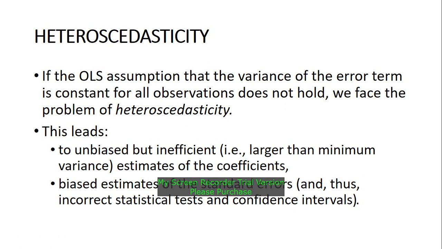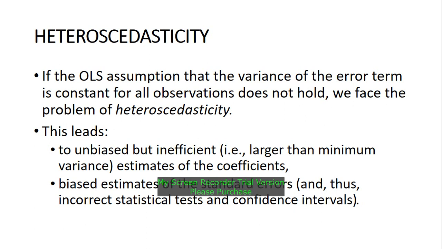So now, if the OLS assumption that the variance of the error term is constant for all observations does not hold, we face the problem of heteroscedasticity. Under the OLS, we have several assumptions. For example, as we have stated earlier, the expected value of the error term is supposed to be equal to 0. There should be linearity in the parameters.